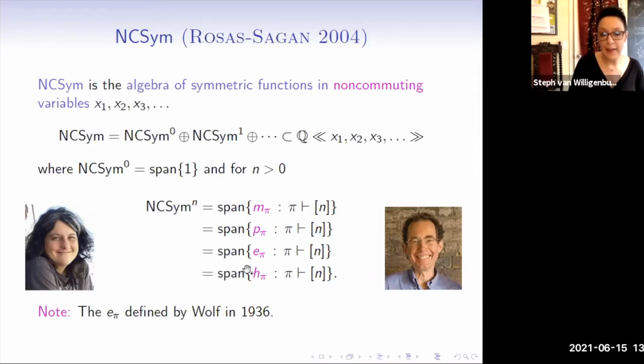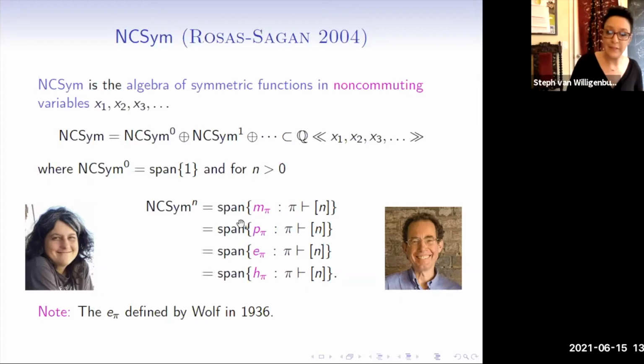In it, they introduce a number of bases for this algebra, and in fact, E pi has actually been defined before. It was defined by Margaret Wolf in her 1936 paper that appeared in Duke, in which she was looking for a non-commutative version of the fundamental theorem of symmetric functions.